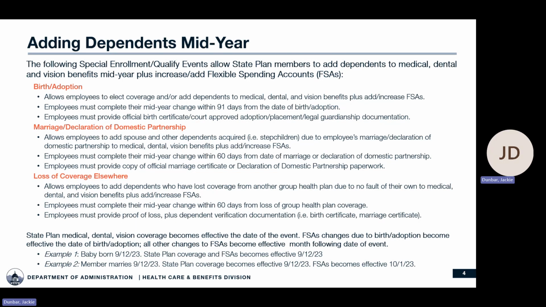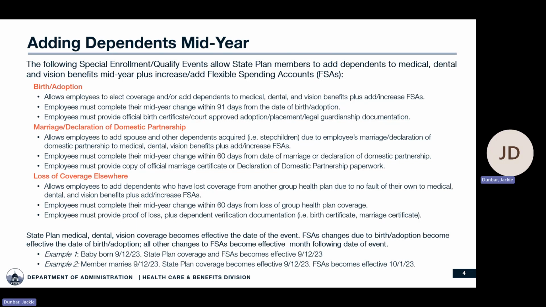This allows employees to elect coverage and/or add dependents to medical, dental, and vision benefits, plus add or increase the flexible spending account. Employees must complete their mid-year change within 91 days from the date of birth or adoption. Employee must provide an official birth certificate or court-approved adoption, placement, or legal guardianship documentation.